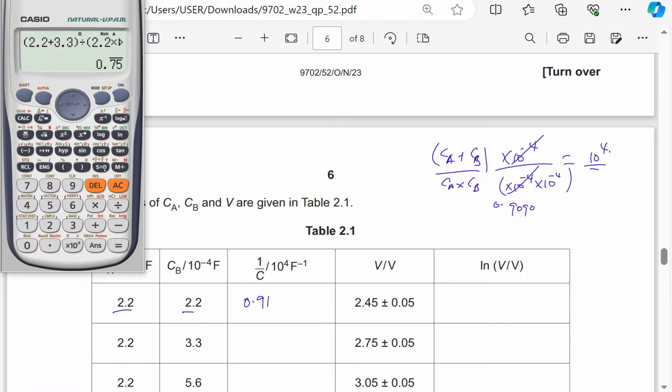So this is 0.757575, so it becomes 0.76.